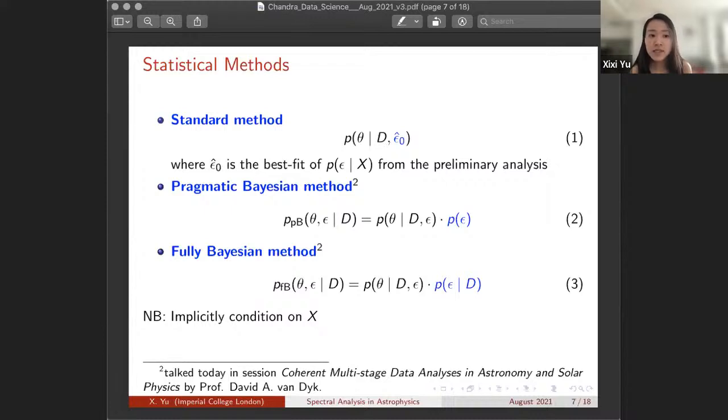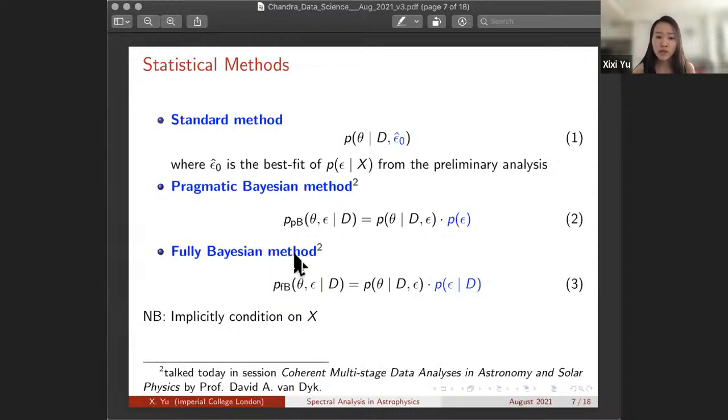In this case, we adopt a Bayesian framework in our statistical analysis, and these two Bayesian methodologies have been mentioned in my supervisor David's talk earlier today. The first method is the pragmatic Bayesian method.